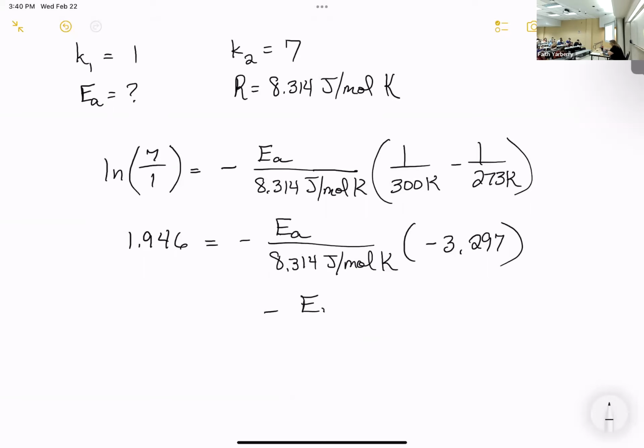Negative E sub A over 8.314 joules per mole Kelvin is going to be equal to a negative 0.590.